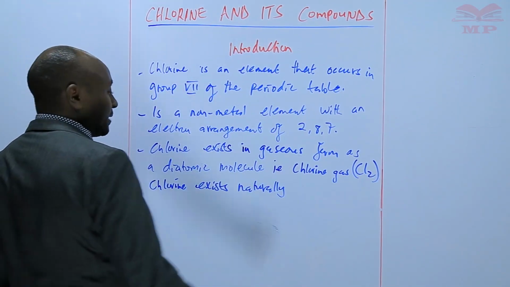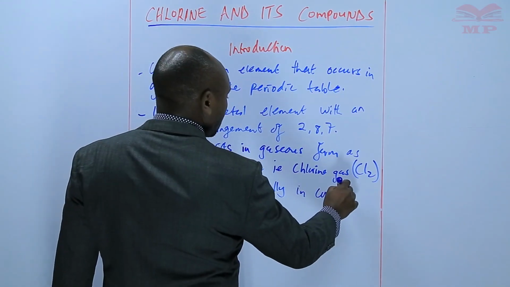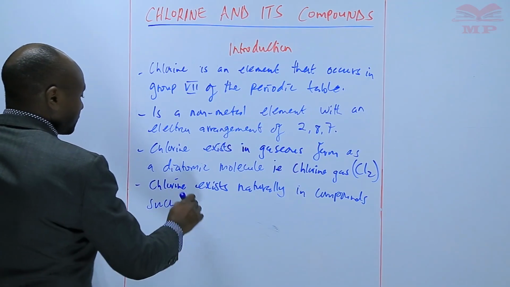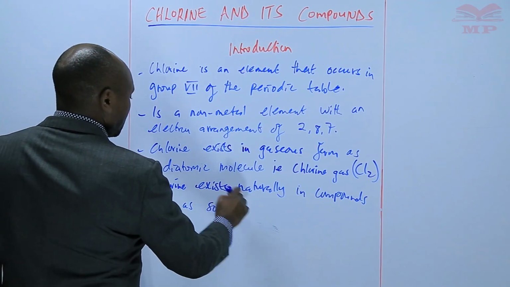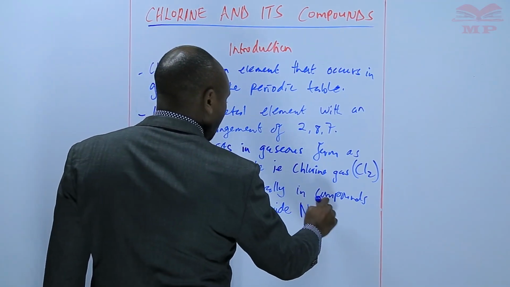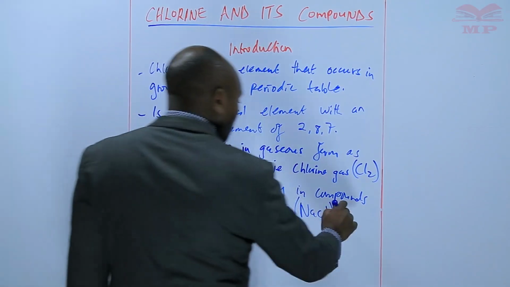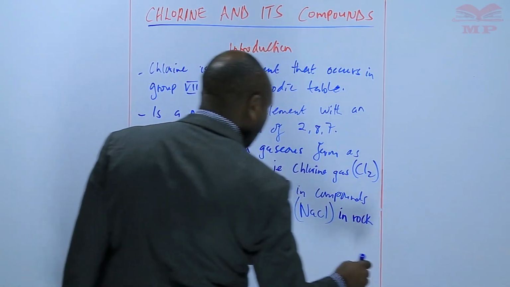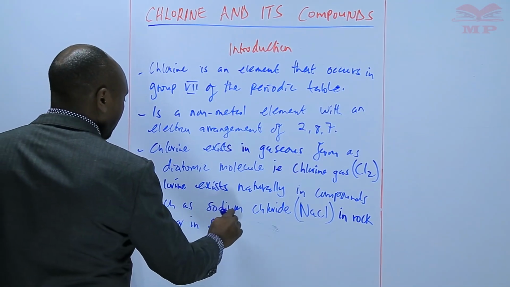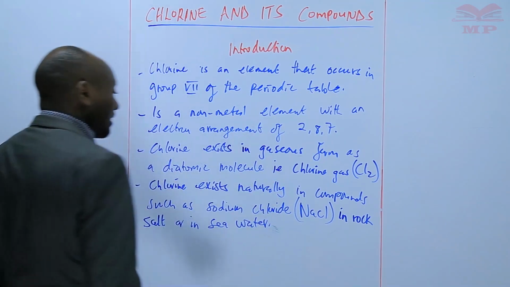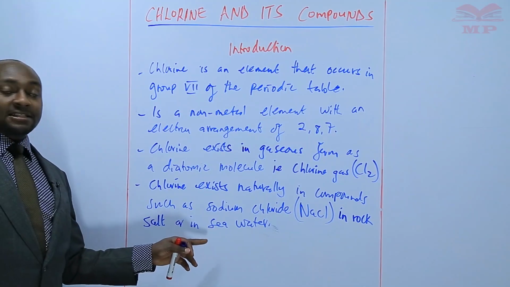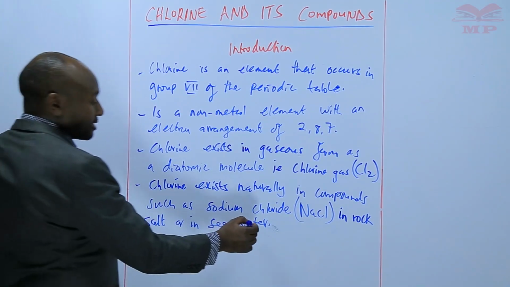So it exists naturally in compounds such as sodium chloride, in rock salt, or in seawater. So sodium chloride can either exist as a rock salt that is in solid form, or it can exist as a solution in the seawater.